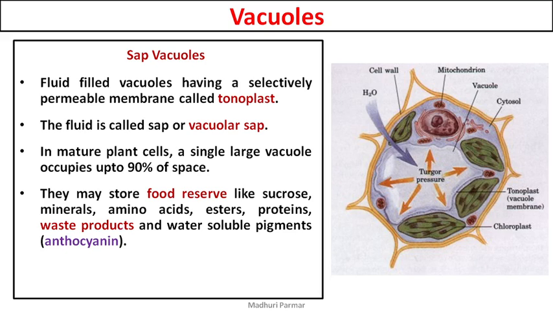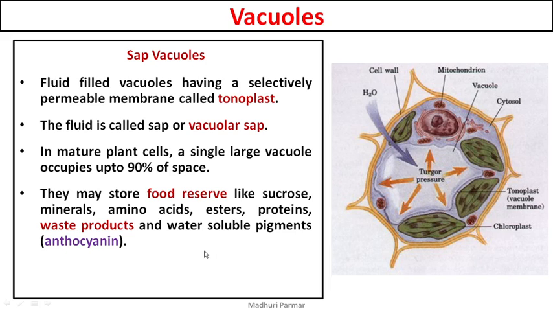So basically it is like a storage house where you can put your waste also, and you can also put whatever you might require in future, like sugars and proteins and other food reserves. The food is also stored there, the waste is also stored there.